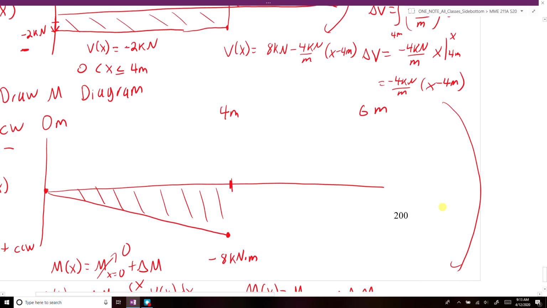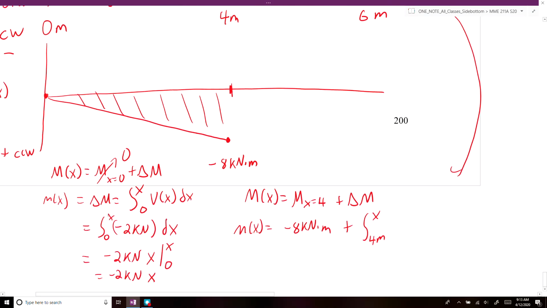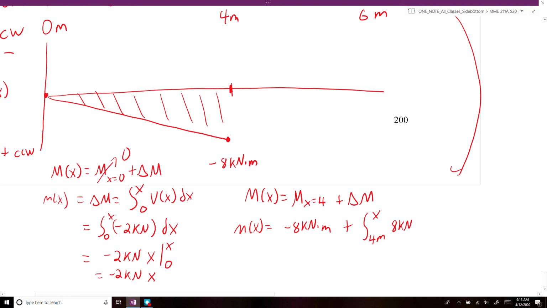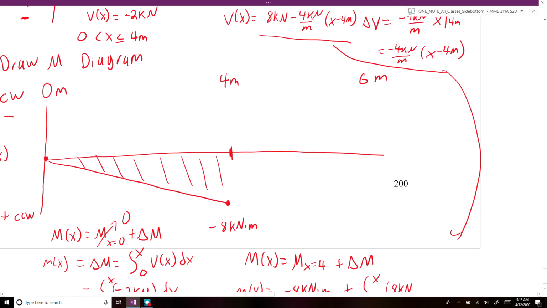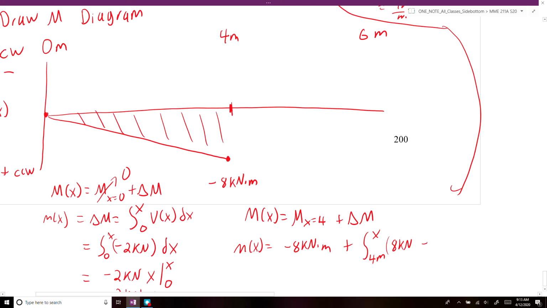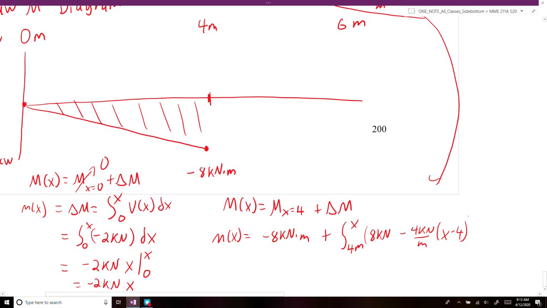So this is our equation here: 8 kilonewtons minus 4 kilonewtons per meter times (x minus 4) dx.